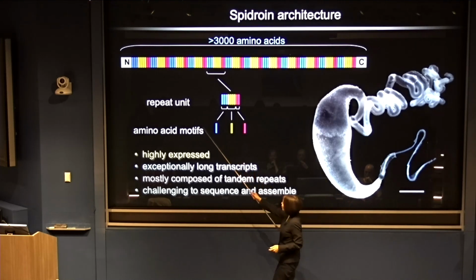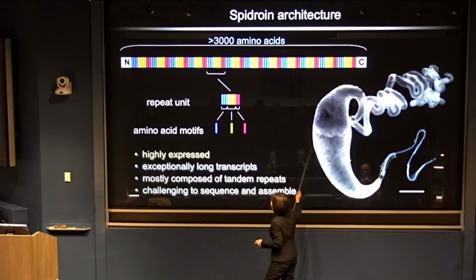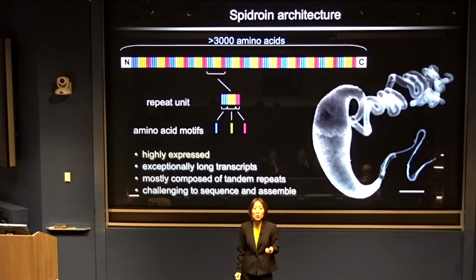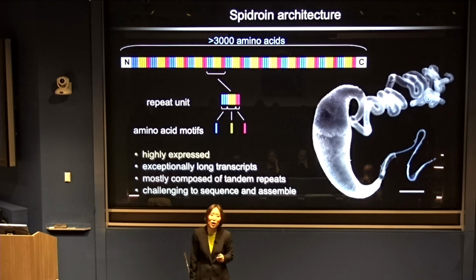And then there's a non-repetitive amino terminal and a non-repetitive carboxy terminal region. The amino terminal region is about 150 amino acids. The carboxy terminal region is about 100 amino acids. And those are actually the only two parts that really identify by sequence homology that these are all members of the same gene family.